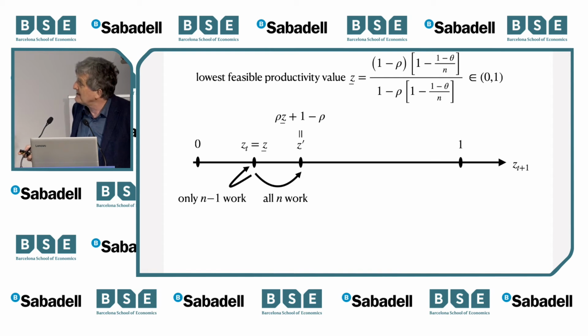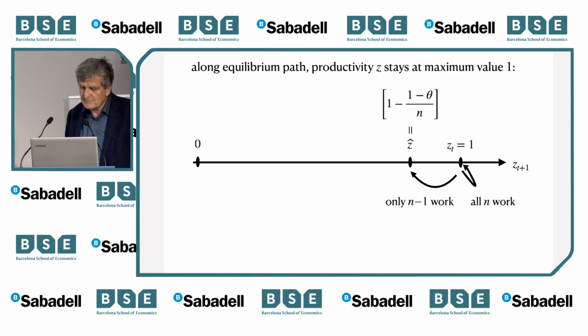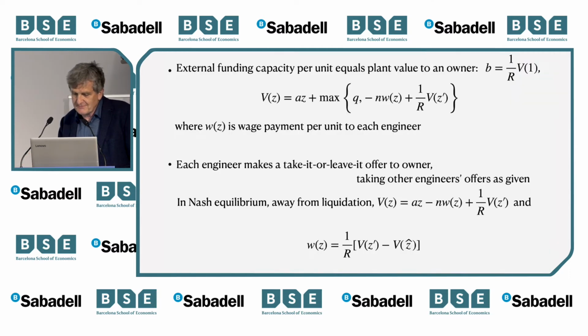So Z(t), at all times lives in the interval between Z lower bar and 1, whatever the history happens to have been. And then there's a natural upper bound where, because of the AR1 process, if we started at that upper bound and all of us worked, we would simply stay there, whereas if one of us shirked, we would drop back down again. So that was some diagrams to ram home the algebra that we did.